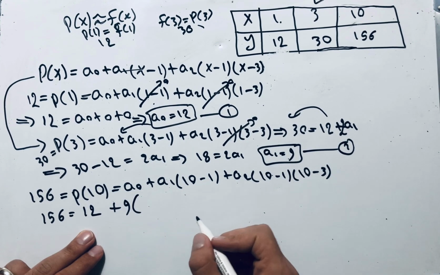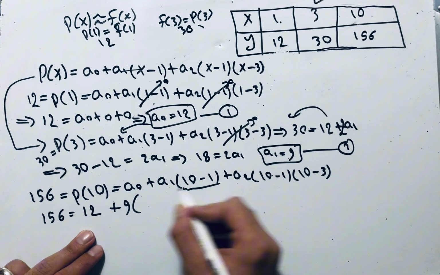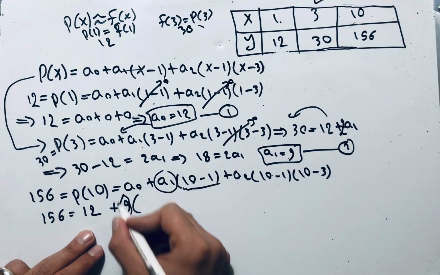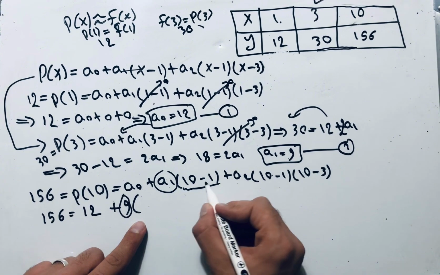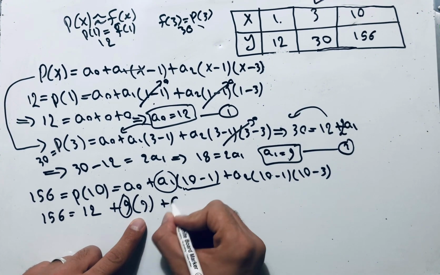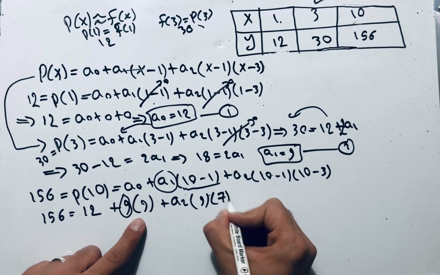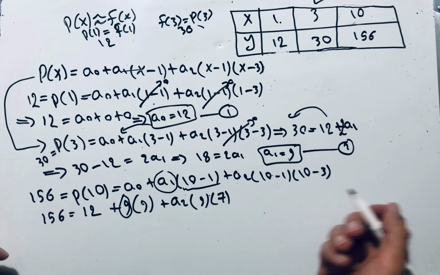And then a1 is, yes, we put it here, so 9. Okay, also we can simplify. So basically this is a1 and it's 9. And then 10 minus 1 is again what? 9. So 9 times 9 plus a2. This becomes 7 because 10 minus 3 is 7.